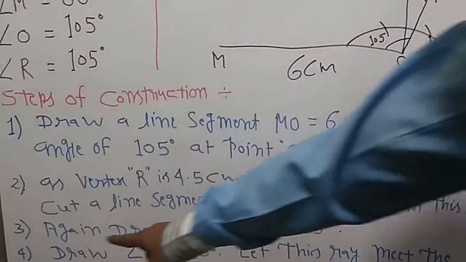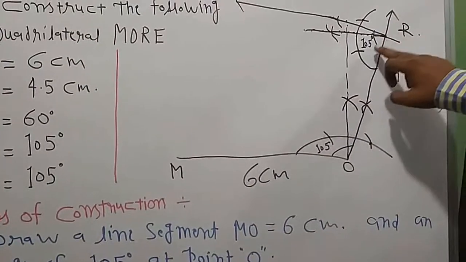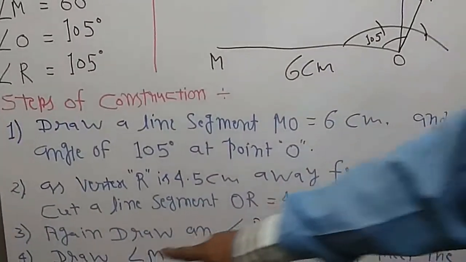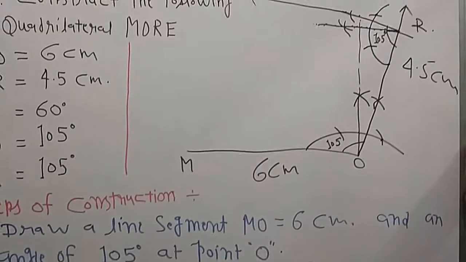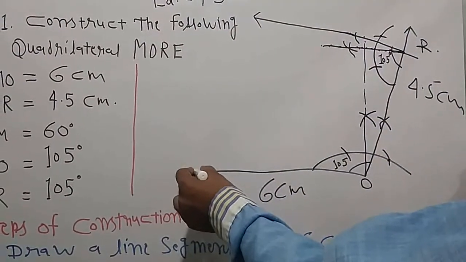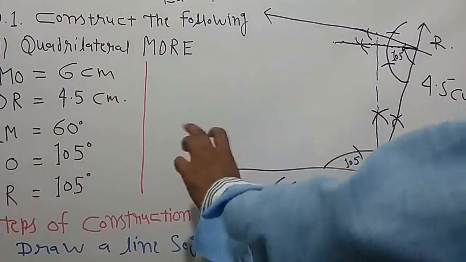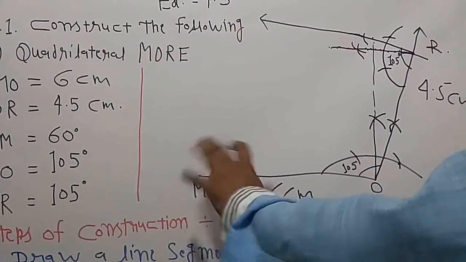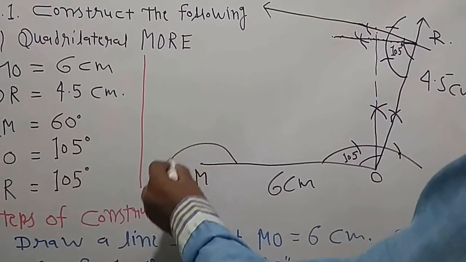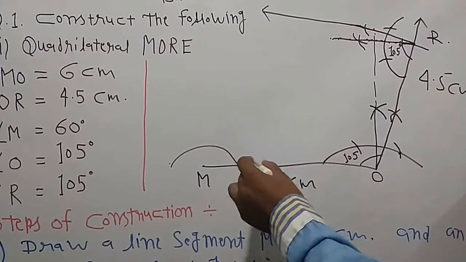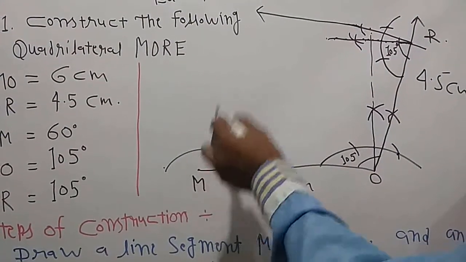Now the third point: angle R equal to 105 degree is drawn. Draw angle M equal to 60 degree. This is our M point, and from this point we are going to draw one more arc. Again we open our rounder to a very small distance and draw one arc like this, and from this point one more arc.